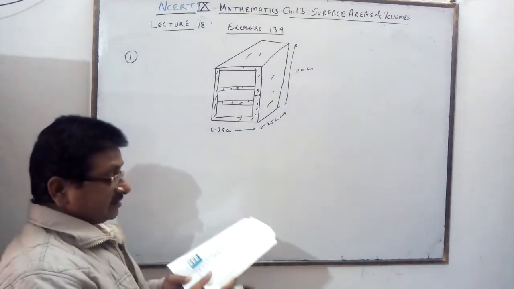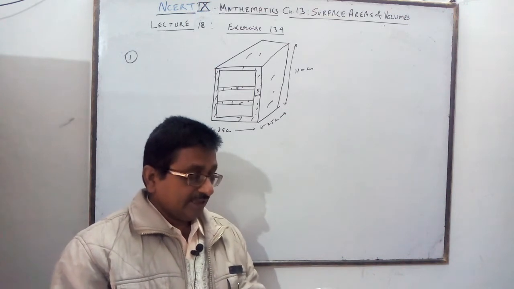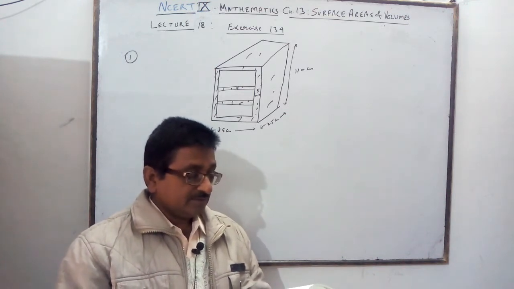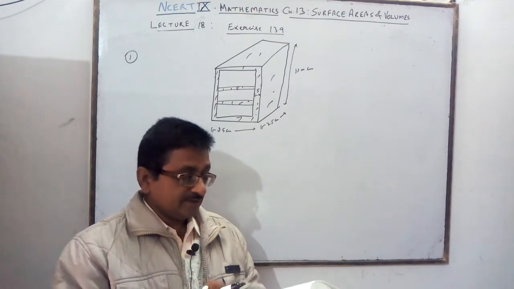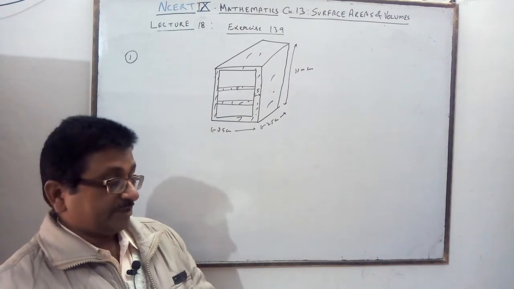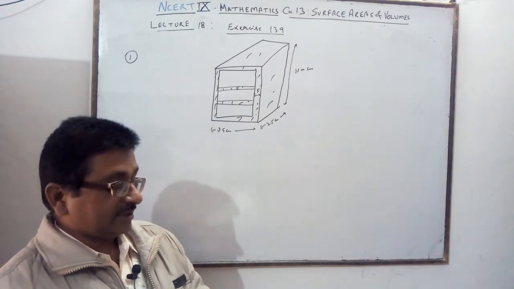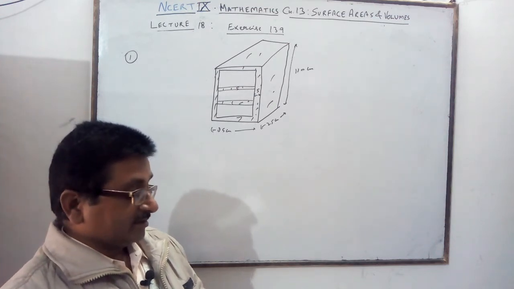So the thickness is 5 centimeter, and the height, depth and breadth are 110, 25 and 85. The thickness of the plank is 5 centimeter. The external faces are to be polished and the inner faces are to be painted.